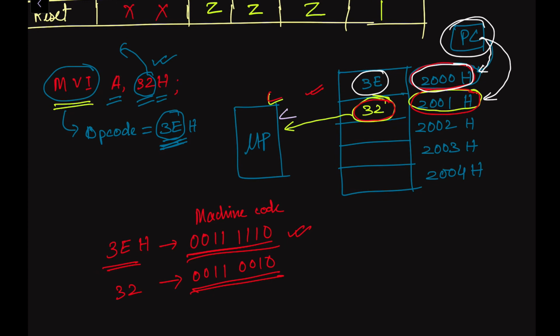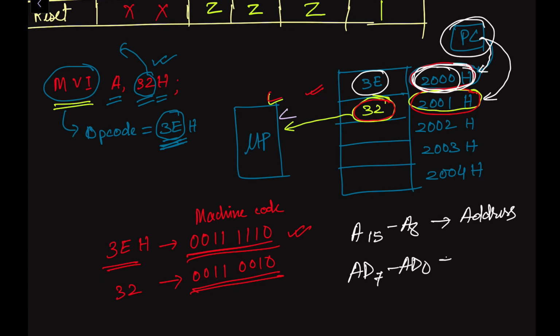Now when we send during the opcode fetch cycle this 2008, this is a 16-bit memory address, and in the 8085 microprocessor, A15 to A8 are only used for the address, and AD7 to AD0 are used for address or data.